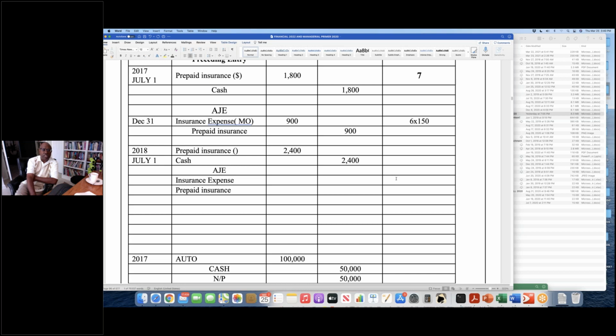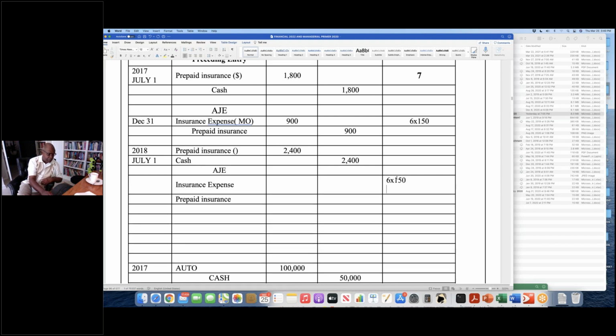So in this adjusting entry now, we're going to have 6 times 150. But we're also going to have what? 6 times what? 200. So 6 times 150 plus 6 times 200 equals what?